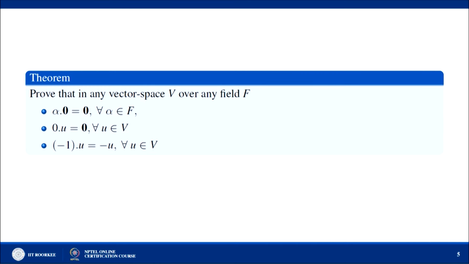Now, what is the second? The second is 0 dot u. This 0 is from the field, this is not the additive identity. The thing which I have marked by bold 0 is the additive identity. Now, 0 is from the field, then 0 dot any u in V is always the additive identity. Again, it is simple to prove.